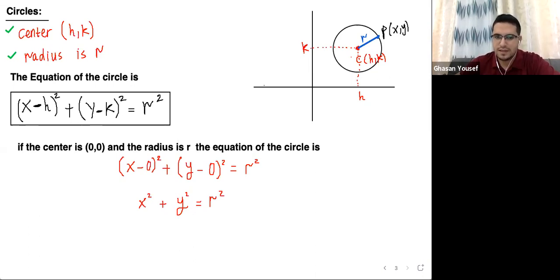So this is the equation of the circle when the center is the origin, 0, 0: x squared plus y squared equals the radius squared. This is a special case of the circle equation.